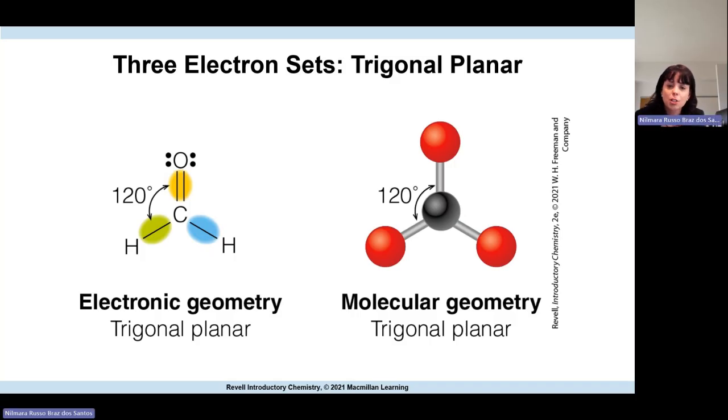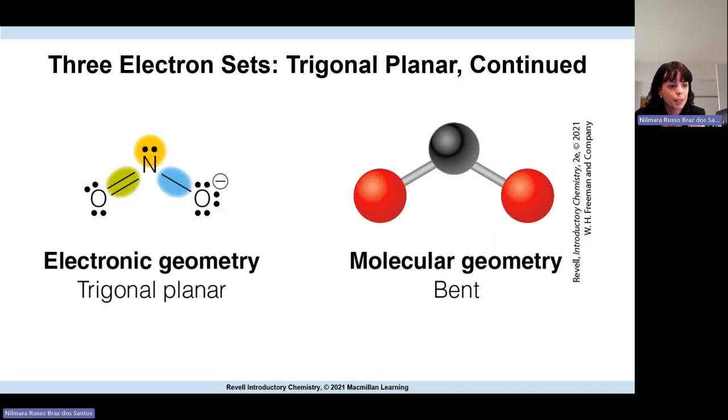Molecular geometry and electronic geometry will be the same. But sometimes we have a non-bonding pair, like here. Then we're going to have electronic trigonal planar, and the molecular geometry will be bent. So pay attention to that.